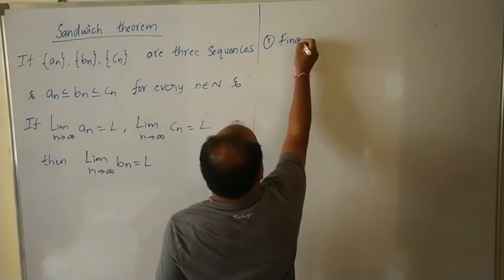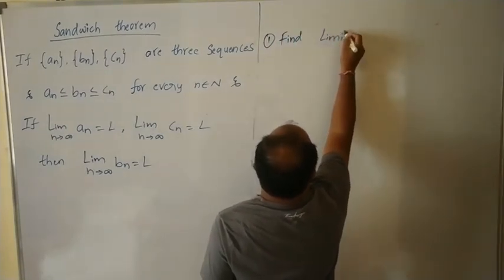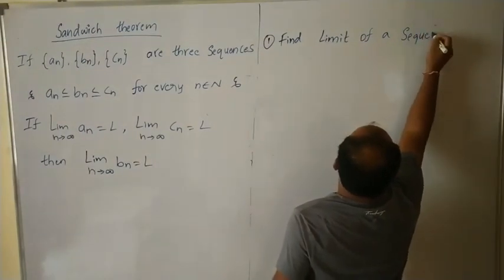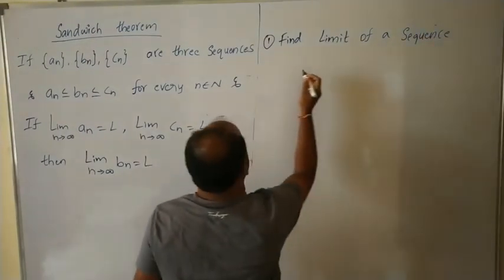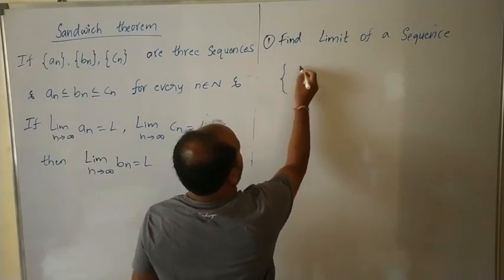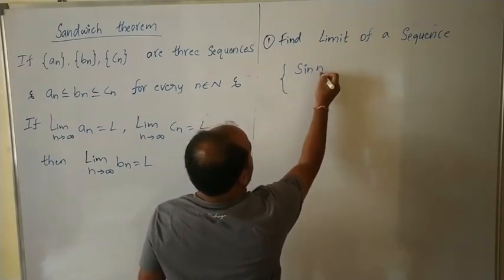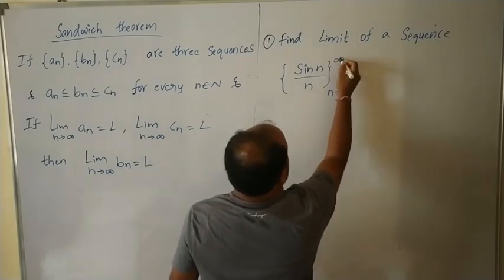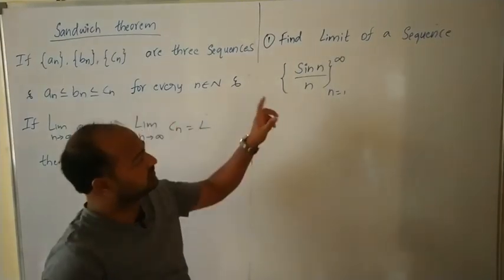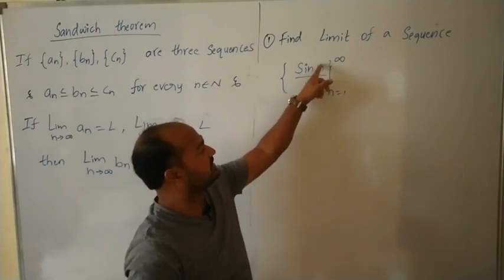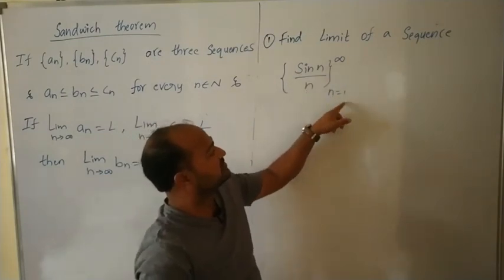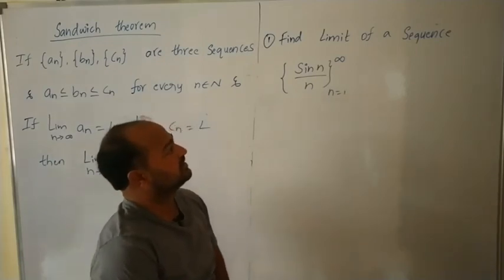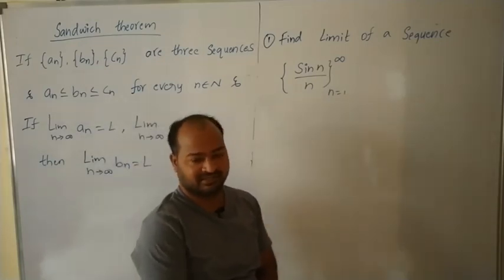Now let us see one example. Find the limit of the sequence sin n by n, from n is equal to 1 to infinity. Now let us see how to find the limit of this sequence.